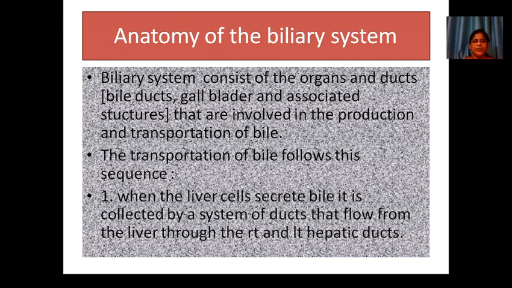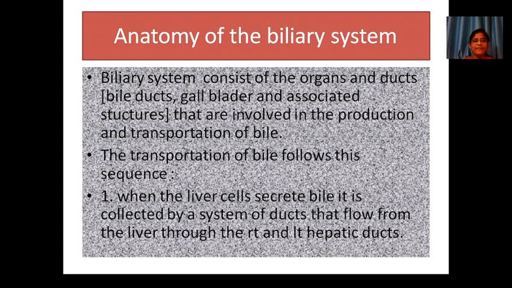Once again, the biliary system consists of the organs and ducts that are involved in the production and transportation of bile. The transportation of bile follows a sequence. First, the bile is secreted by liver cells.